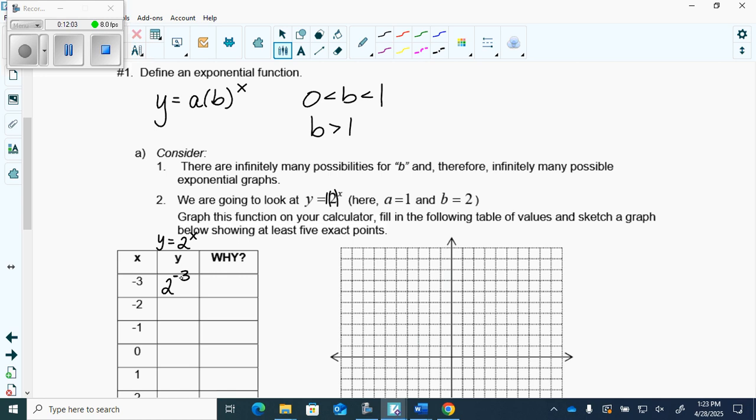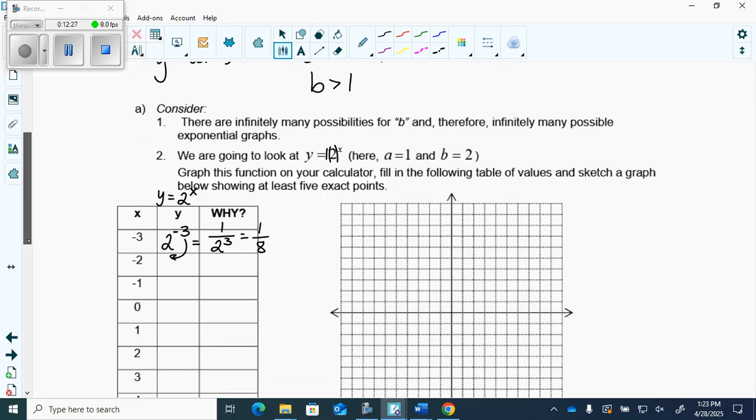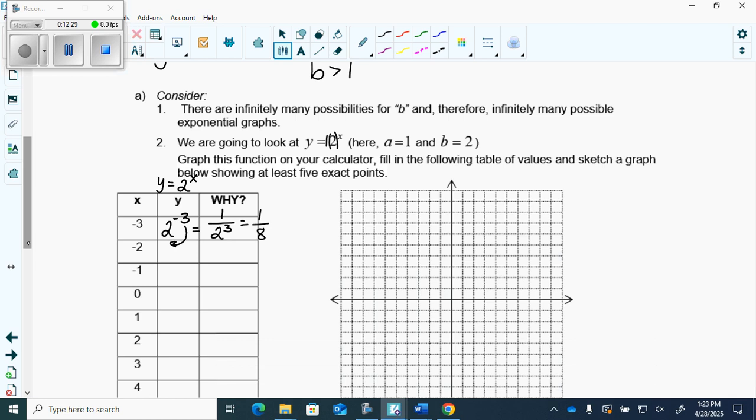We've done these since junior high. 2 to the negative 3 is the same as 1 over what? 2 to the 3. To the positive 3, right? Because I can move it to the denominator and make it positive. Which is 1/8. So at negative 3, we're at 1/8. Slightly above.